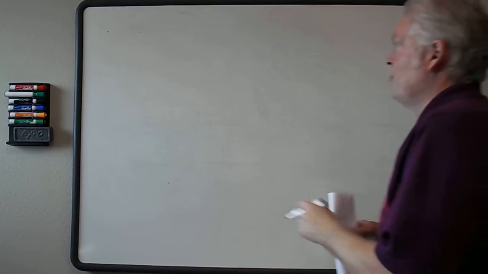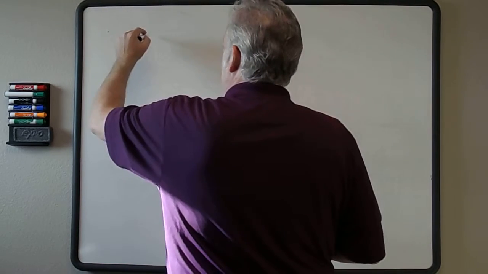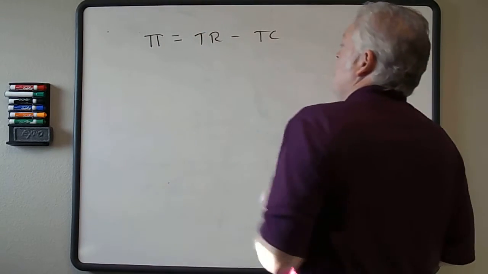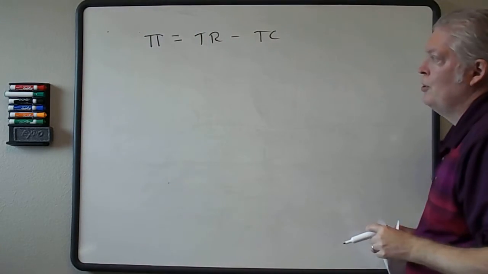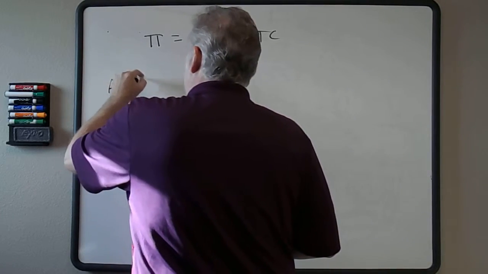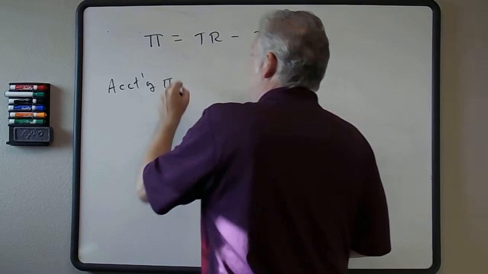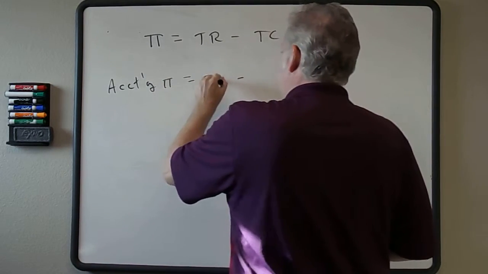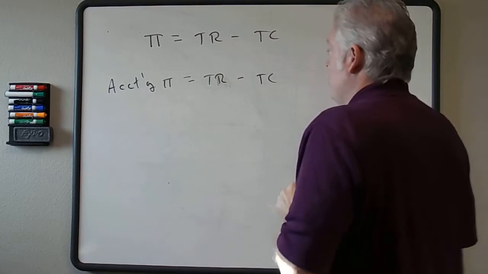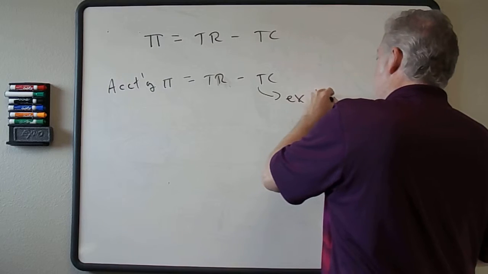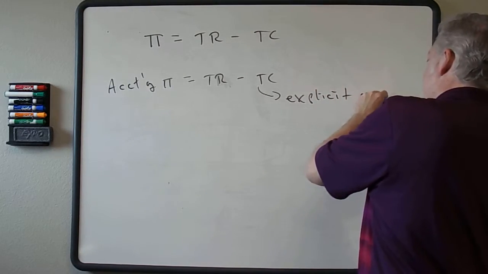If we go back to this original formula, profit equals total revenue minus total costs. But there are different kinds of profit that we should know about. The first kind of profit is simply known as accounting profit, which equals total revenue minus total cost. The total costs in this case only include those costs which we call explicit costs.